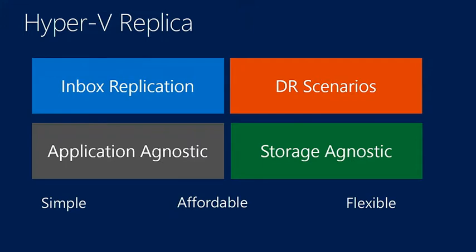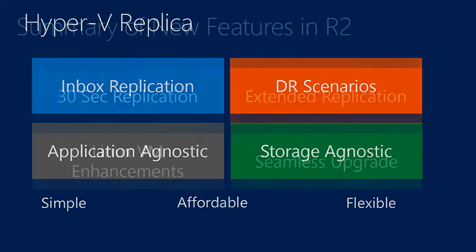They have one SAN, that's the only SAN they own. They have a SAN, they have a small Hyper-V cluster, they have a bunch of workloads there. They then have branch offices that are just running direct attached storage, just SATA disks. And they can use Hyper-V Replica. It doesn't matter that one side is using SAN and the other side is using DAS. So that was our goal in 2012.